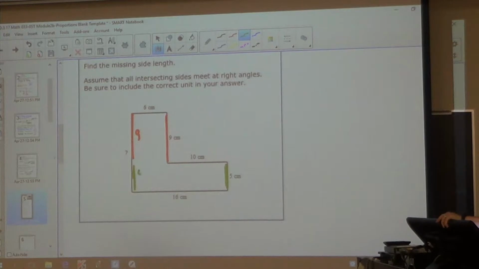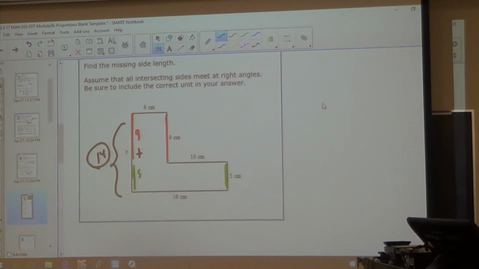This piece is 5. So if we add those together, that's my missing piece. Cool? Okay. Some people see it and some people don't. You either really get it or you struggle. It's either one end of the spectrum or the other. So for this, all they wanted to know was, what is the missing piece?